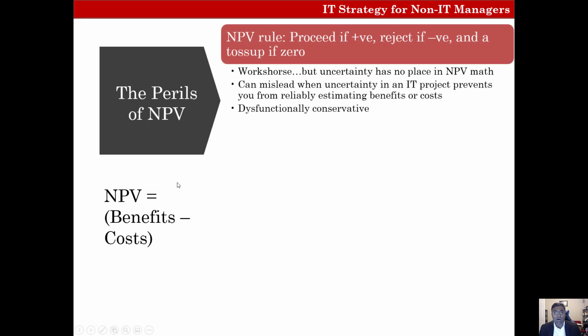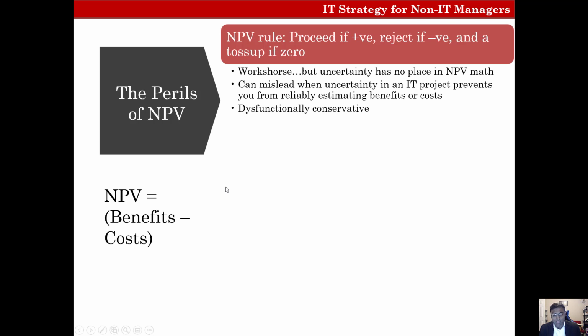And it's a workhorse. A lot of people use it, but there is no place for uncertainty. And so it can be misleading when uncertainty in an IT project prevents you from reliably estimating costs or benefits. And it does become dysfunctionally conservative.